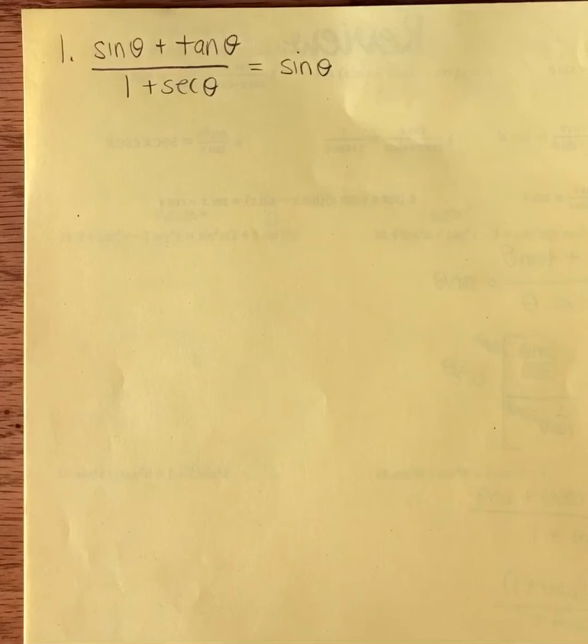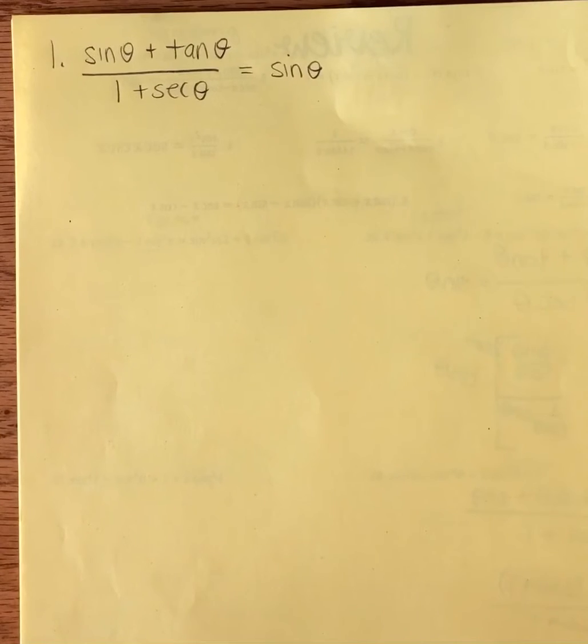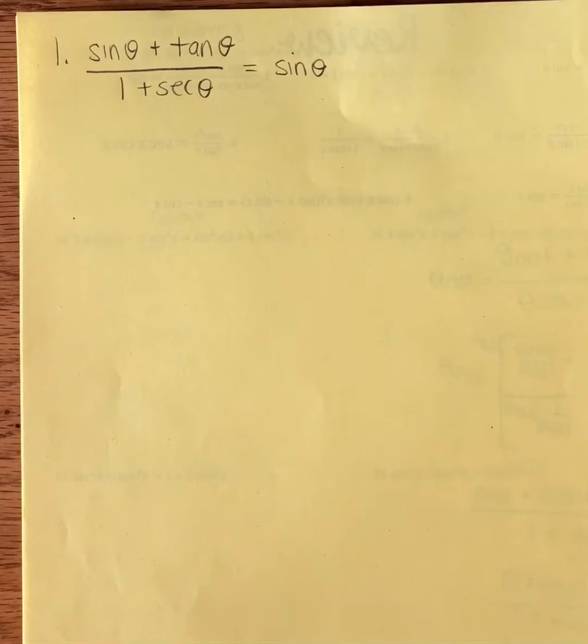So what I want to do is work through problem number 1 on the review sheet with you, talk about a couple other problems, and then from there, I'm actually going to post my answers to the review, just like I normally would do. So you do not have to turn that in on Google Classroom.